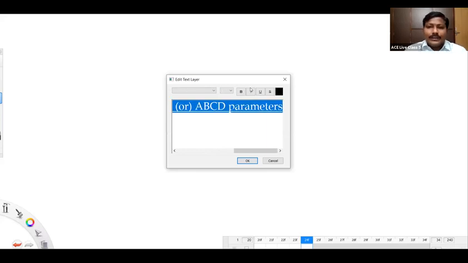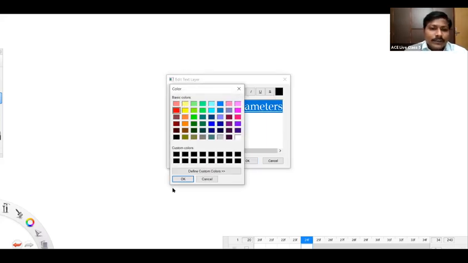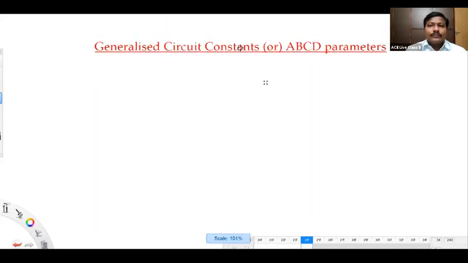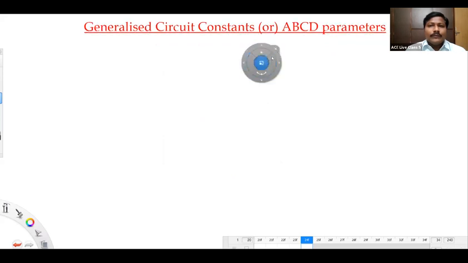Generalized circuit constants, or you can call them ABCD parameters. Okay, so let's continue with this.